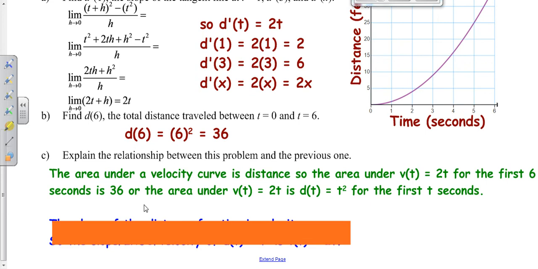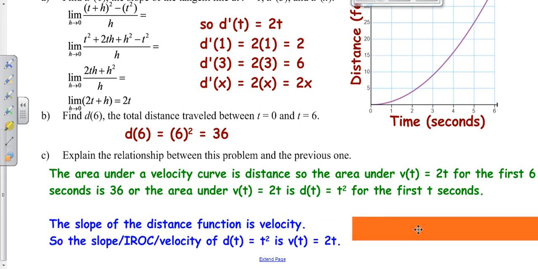So we also need to consider that the slope of your distance function, which is your instantaneous rate of change, which in this case, since it's the instantaneous rate of change of a distance function, is velocity. Your slope, your velocity anywhere along this function, as we figured out right here, was 2 times your input, 2t.